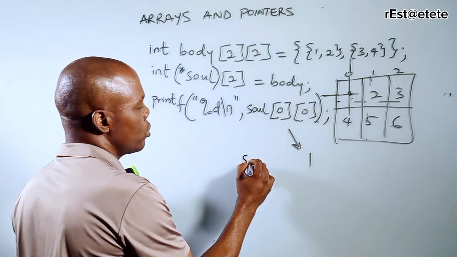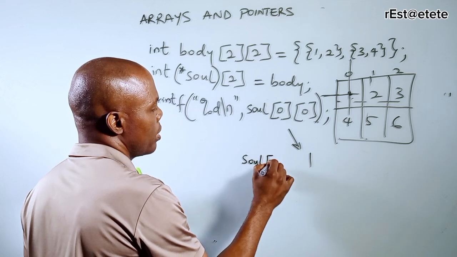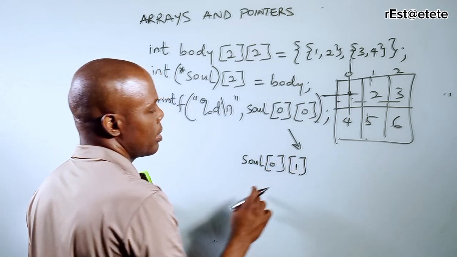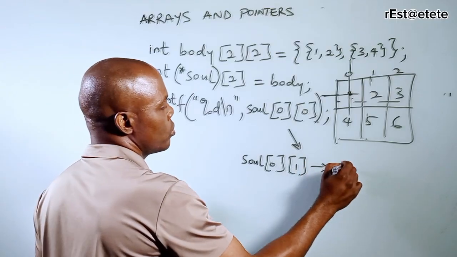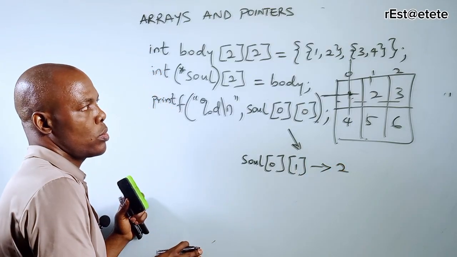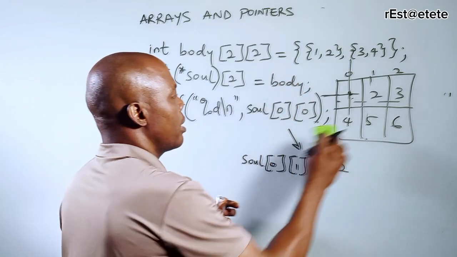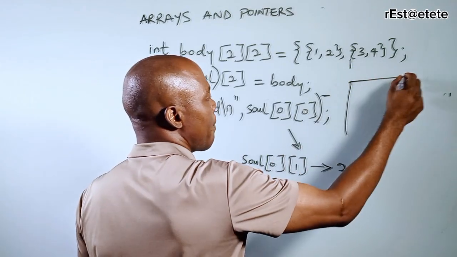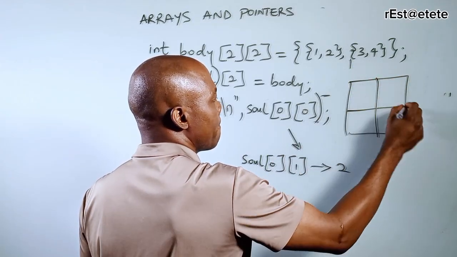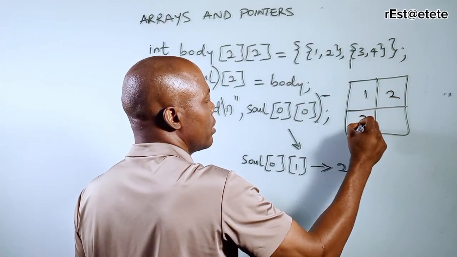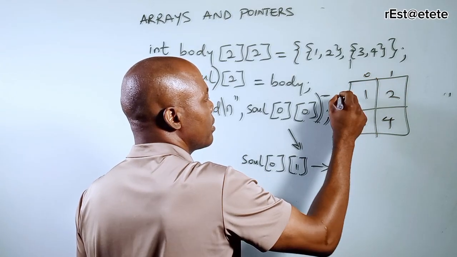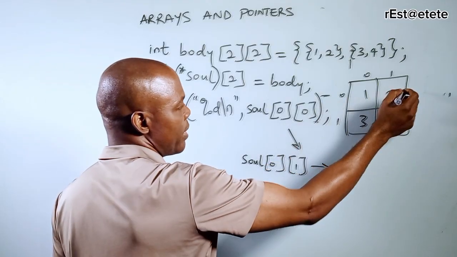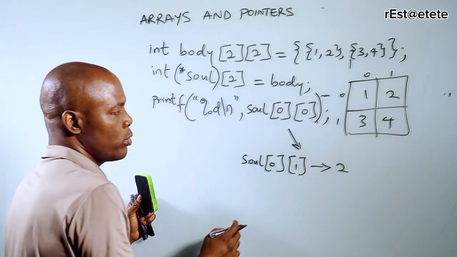If I do sol[0][1], this one will print out 2, right? Because this is not the table. The table is this: 1, 2, 3, 4, with indices 0, 1, 0, 1. So [0][1] will be what? First row, this one will give me 2.